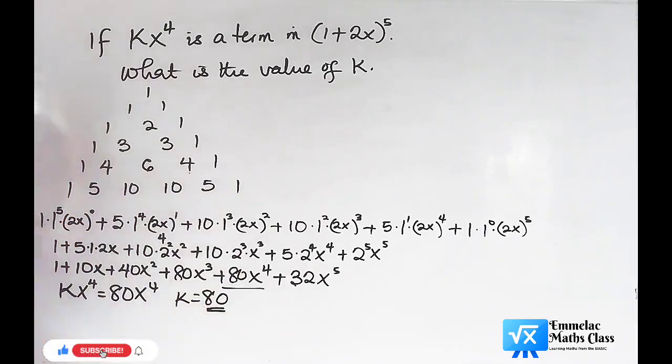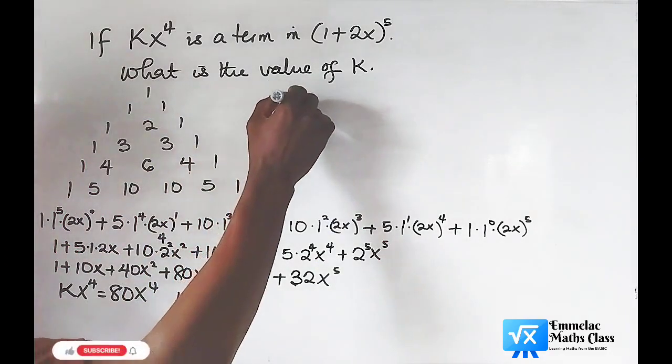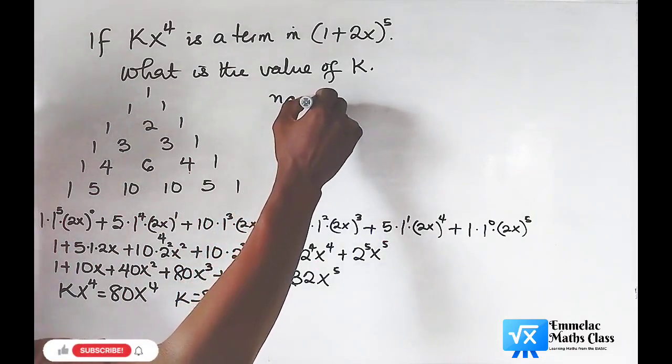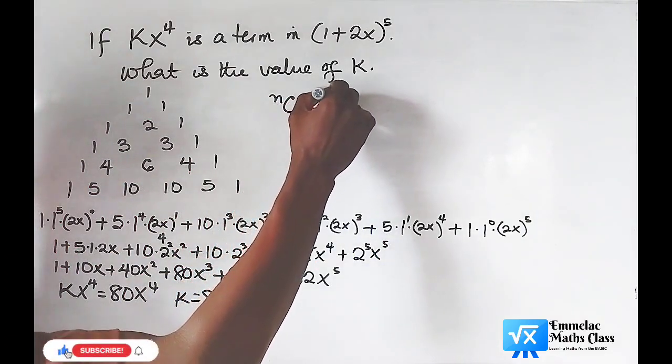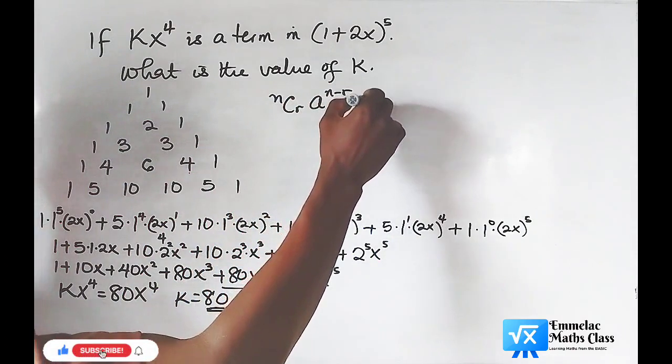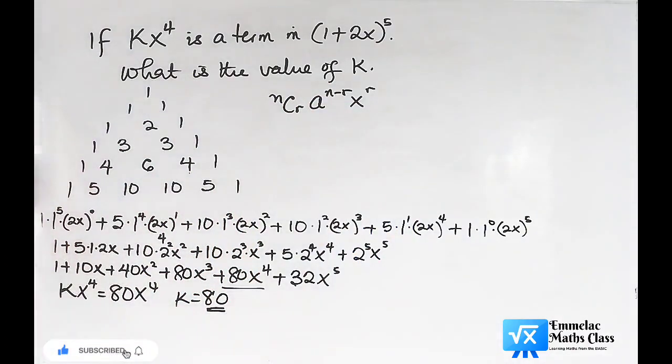80. Now for the next one, using the formula method, and the formula method is giving us n combination r, a raised to the power of n minus r, then x raised to the power of what? r.